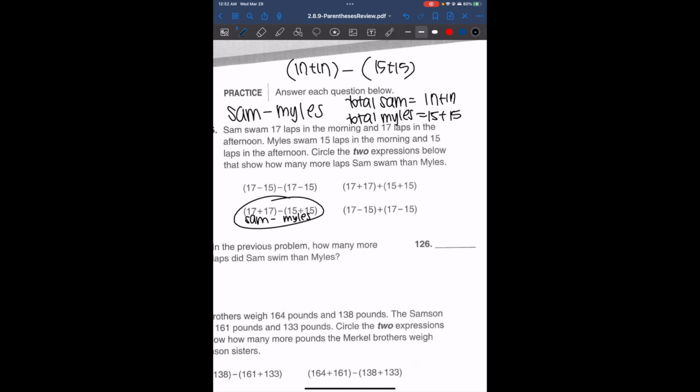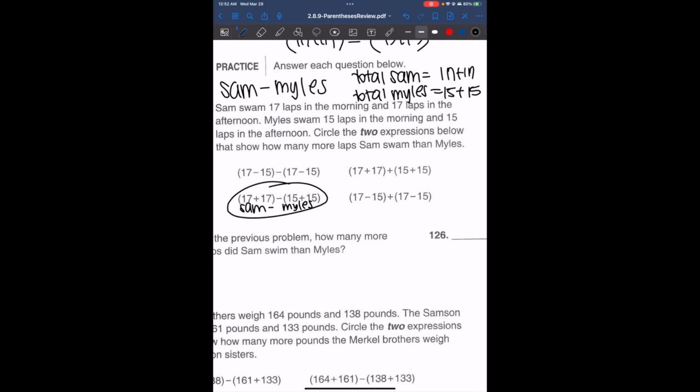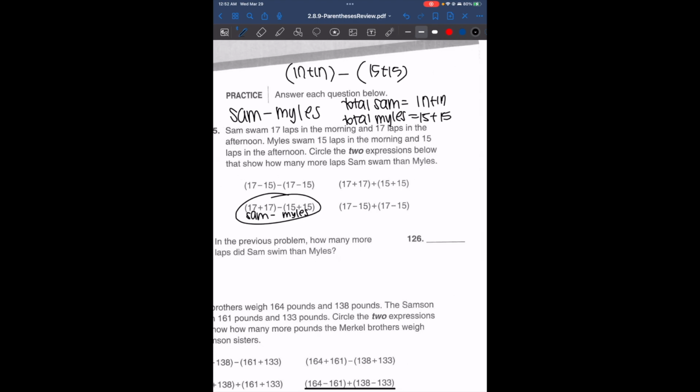Now another way that we can do this is comparing the number of laps that Sam did in the morning and what Miles did in the morning, and the same thing in the afternoon. So we're grouping it into morning and afternoon. We're going to do Sam morning minus Miles morning.